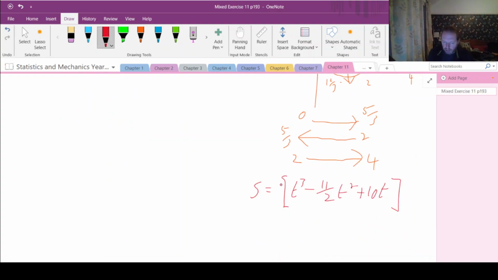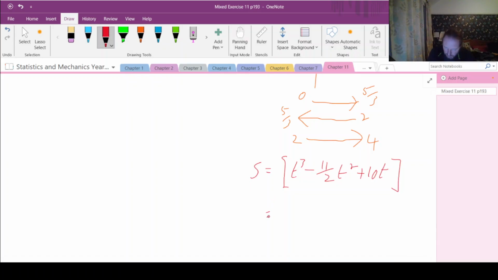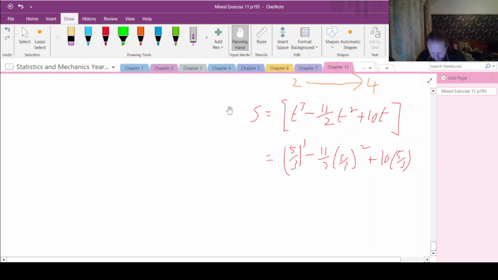And so if we put in 5/3 first, we are going to get 5/3 cubed minus 11 over 2 times 5/3 squared plus 10 times 5/3, and sticking all of that into the calculator: 5/3 cubed, minus 11 over 2 times 5/3 squared, plus 50 over 3.